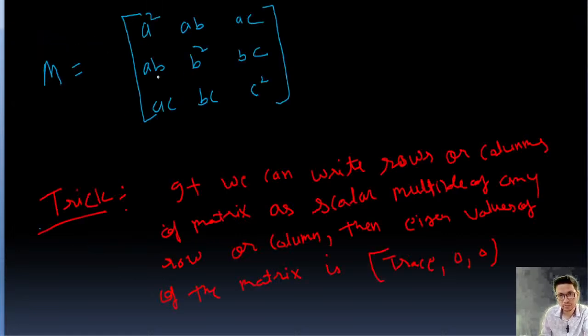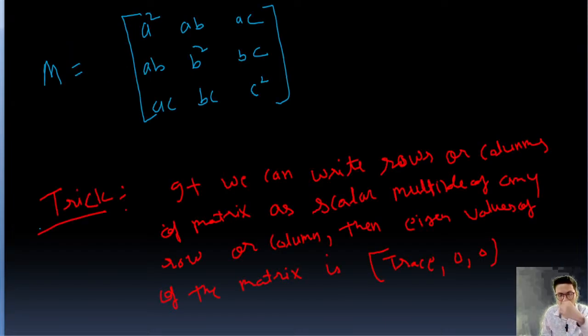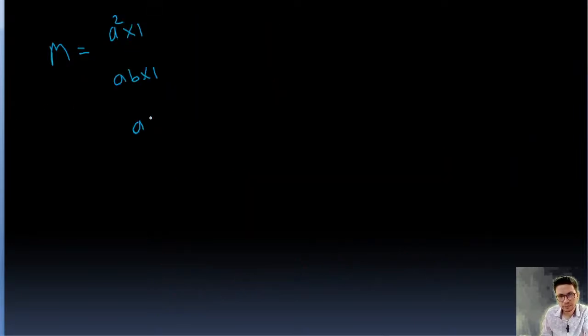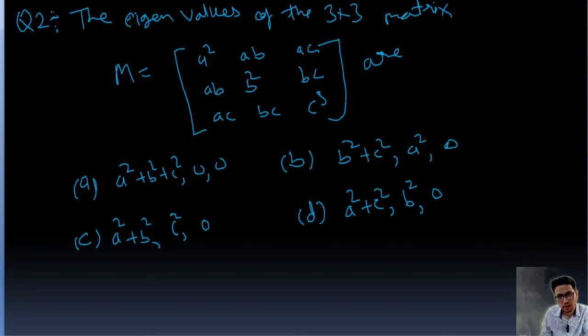So M is, a square into 1, ab, I'm showing you how I can write, okay? ab into 1, ac; a square into 1, ab into 1 and ac into 1.